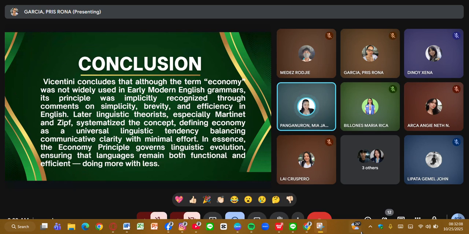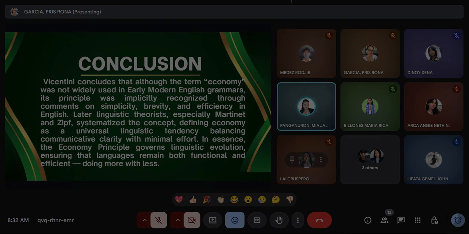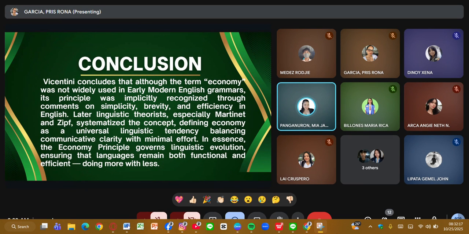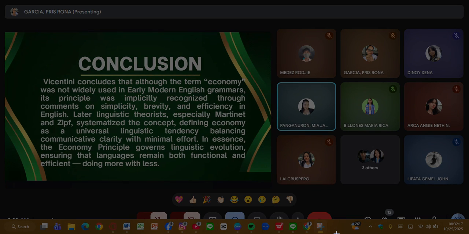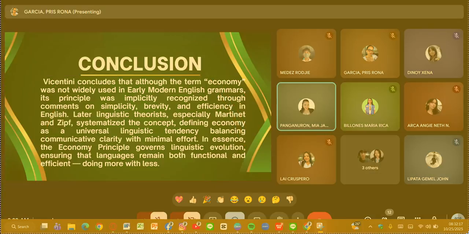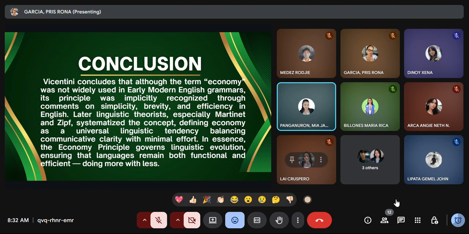As people continue to communicate, they find shorter, simpler, and more convenient ways to express their thoughts. Over generations, these small changes accumulate and shape the language into something more efficient and adaptable. So, to conclude, Vicentini's conclusion highlights that the principle of economy plays a key role in how languages develop.